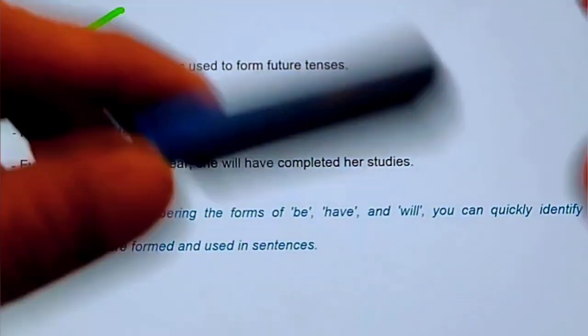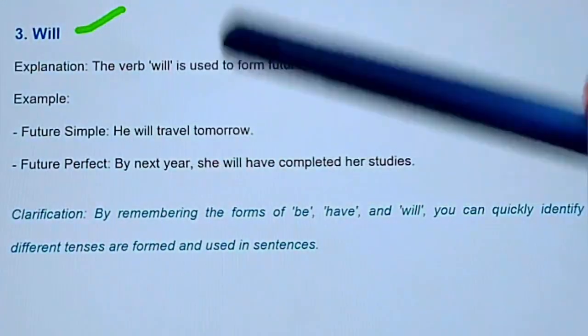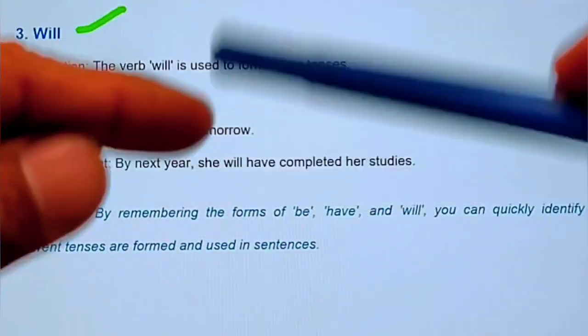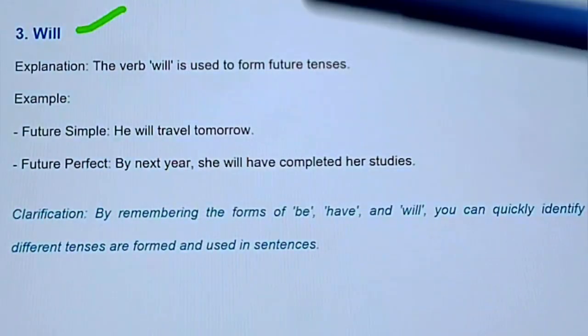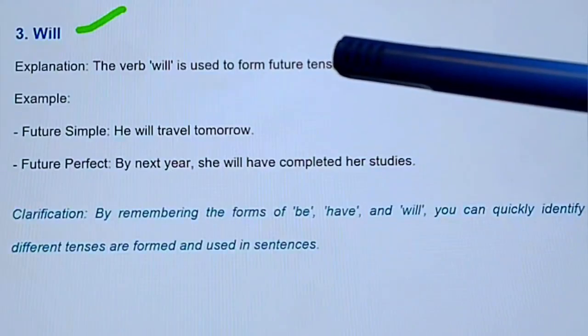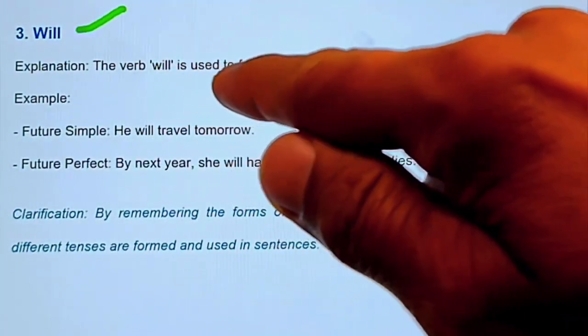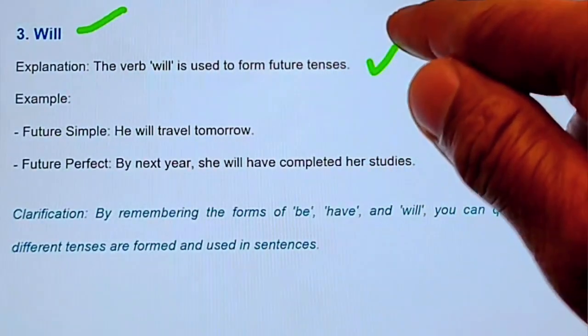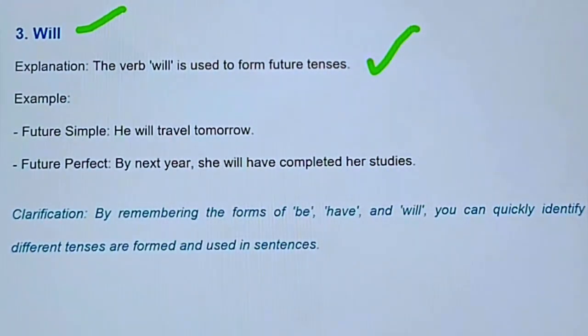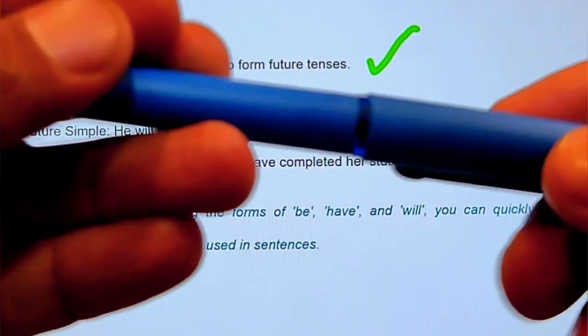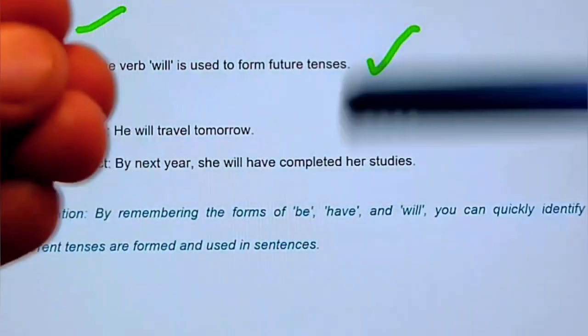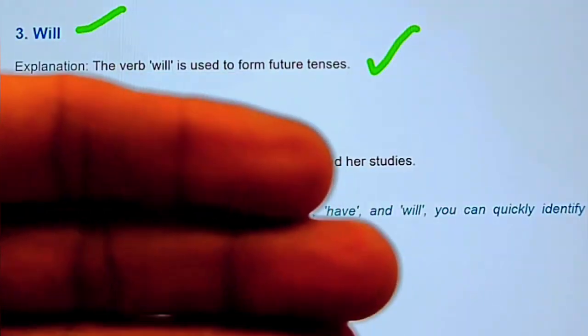This is a very simple keyword. Where you find this keyword, you can guess easily this is a future tense. So anywhere you find this word, you can guess very easily this will be a future tense.